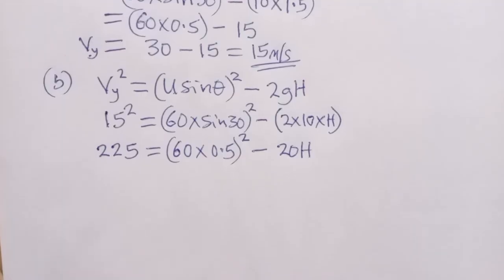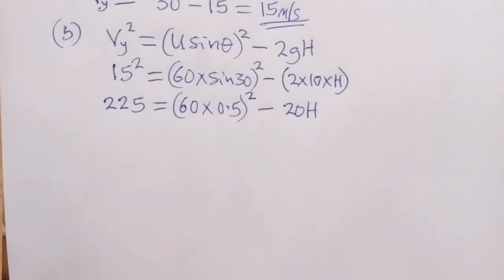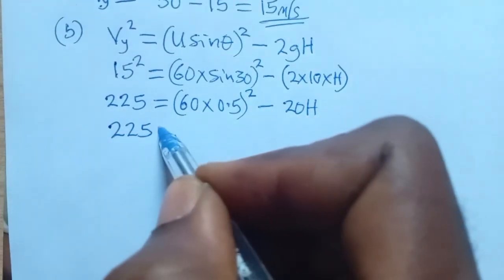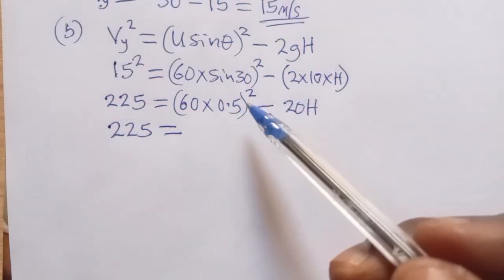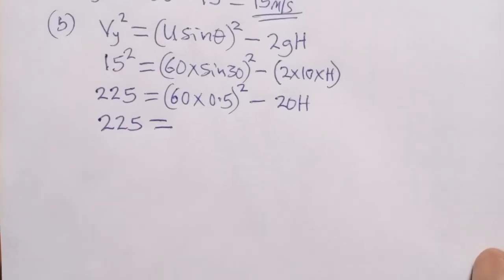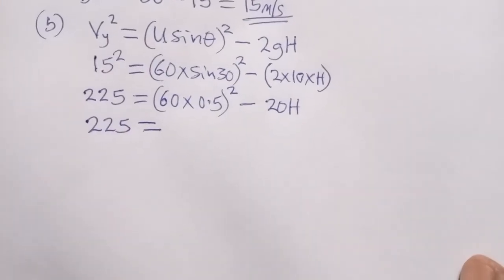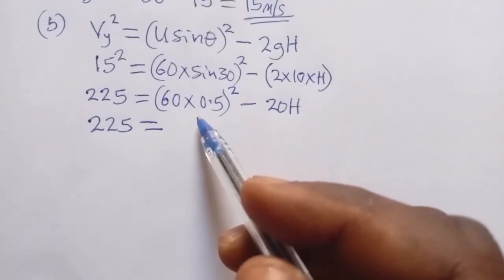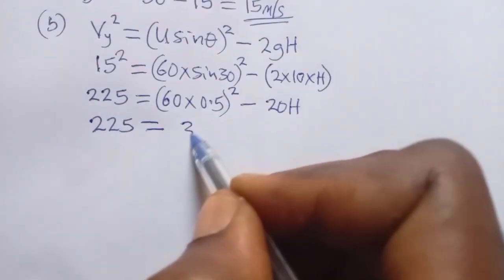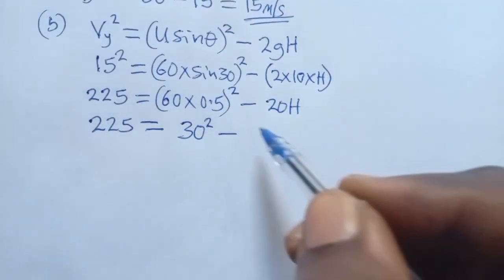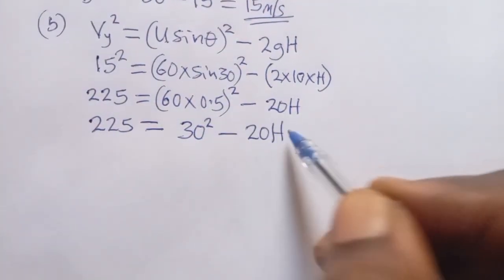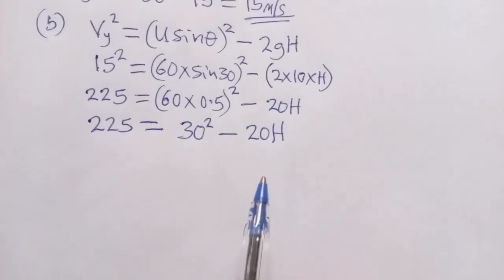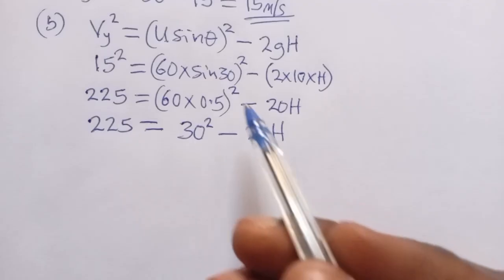So when we simplify this further, we are going to get 225 is equal to, now if you look at this clearly, you observe that 60 multiplied by 0.5 will give us 30. So I'm going to say 30 square minus 20h.